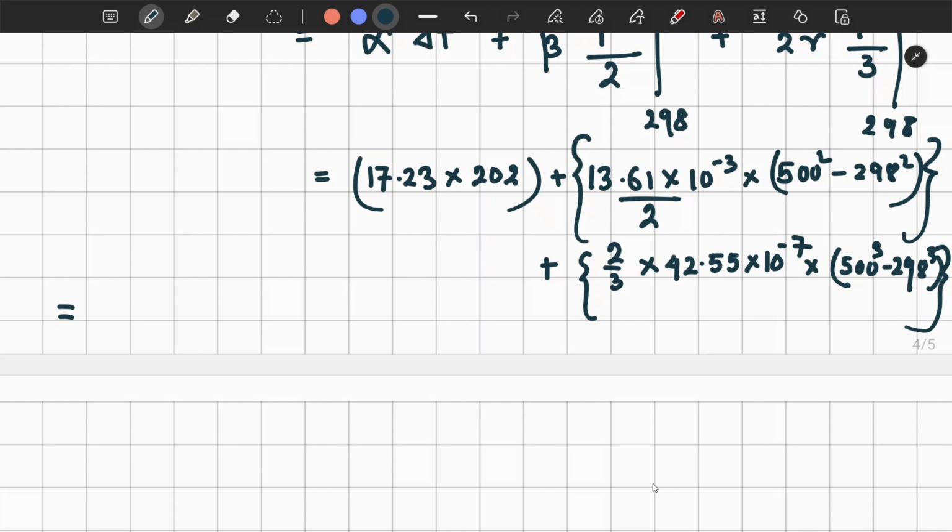17.23 into 202, plus 13.61 into 10 to the power minus 3 into.